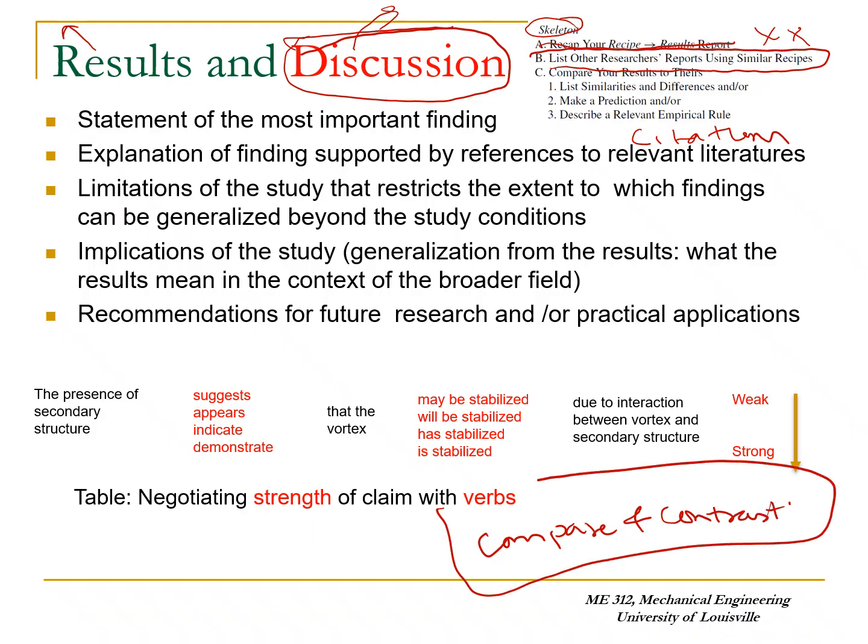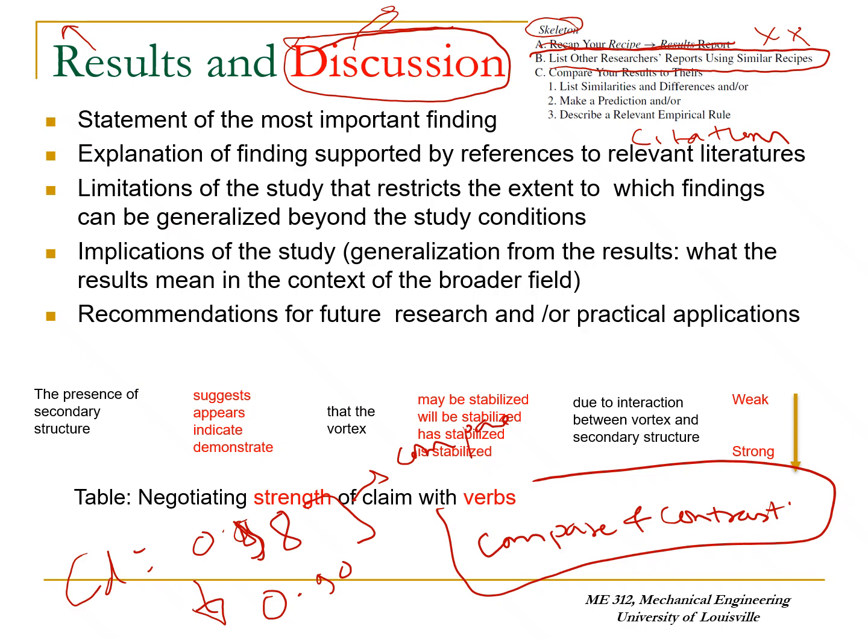Maybe you find the coefficient of discharge to be 0.98 for that particular setup. What about a similar experiment? What have other people found? Maybe they found 0.90. Now you need to compare and contrast with your result. If it is similar, why is it similar? What is the scientific logic behind that?